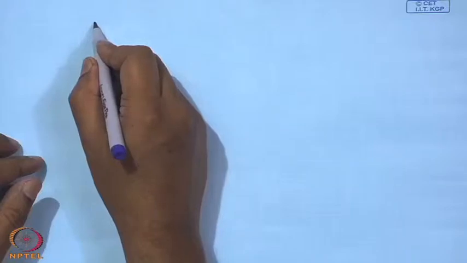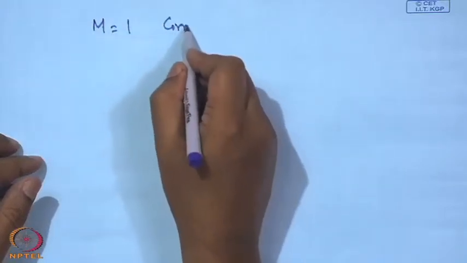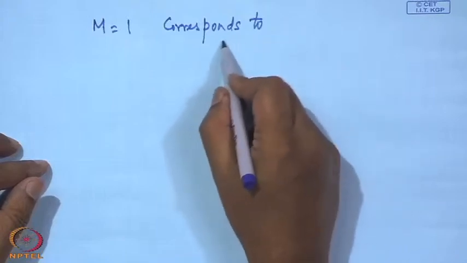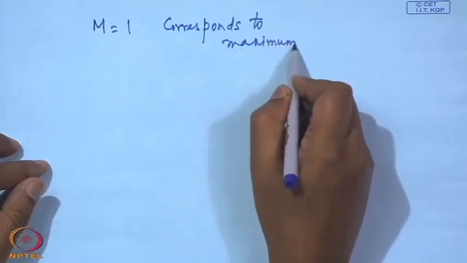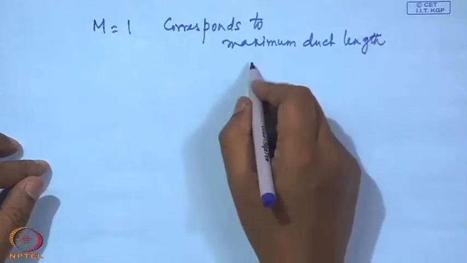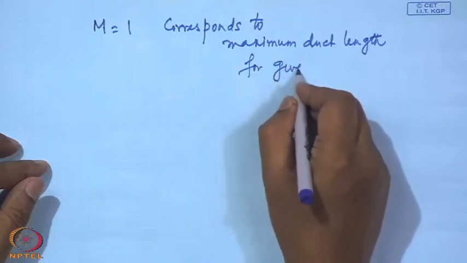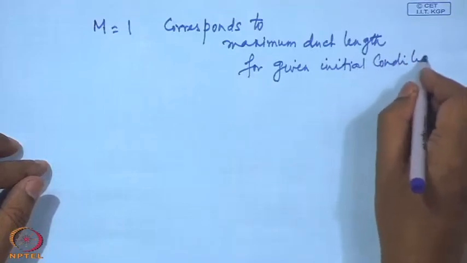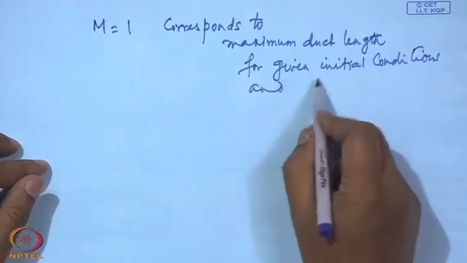So, this equation can be integrated from a particular station to this exit condition, that is the maximum or the optimum critical Mach number, that is unity, where M equal to 1 corresponds to maximum duct length for given initial conditions and mass flow rate.